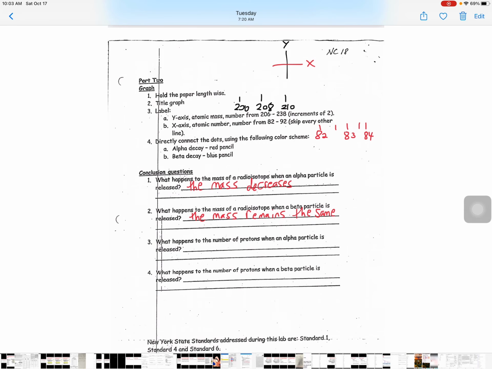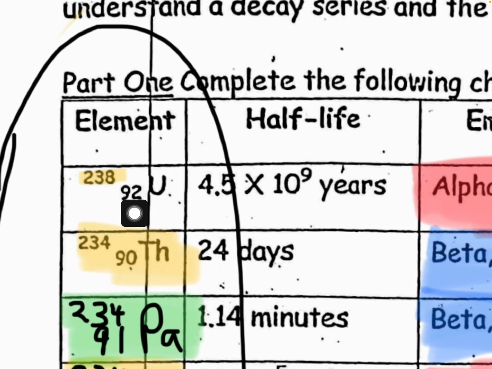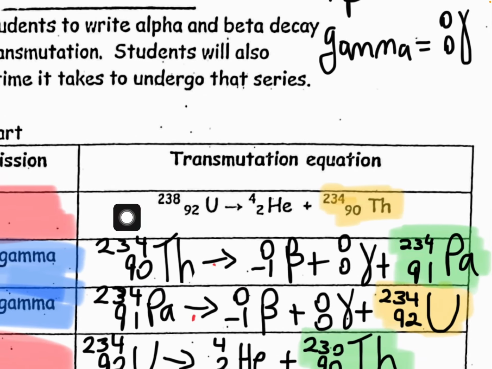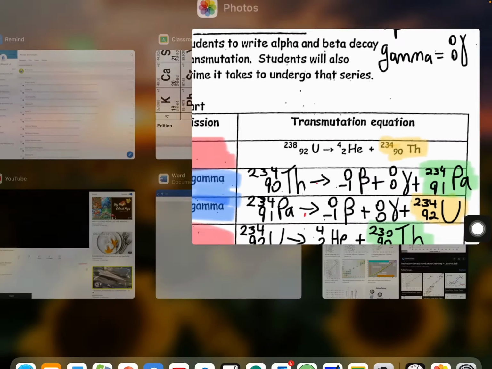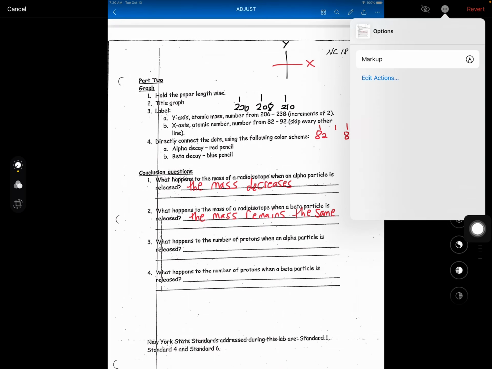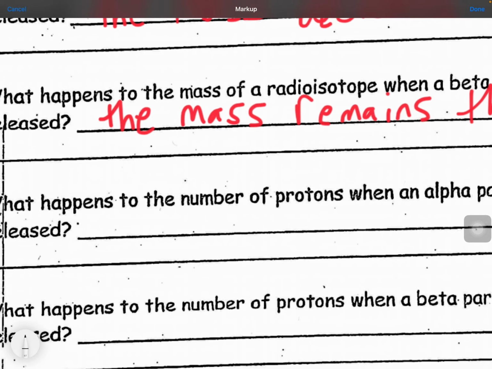Okay. Question number 3 is asking, what happens to the number of protons, or your atomic number, when an alpha particle is released? So let's take a look. We see that our atomic number is going from 92 to 90. So what's happening? It's decreasing. So again, we're going to write down that the number of protons decreases.